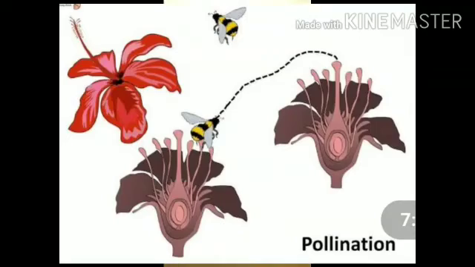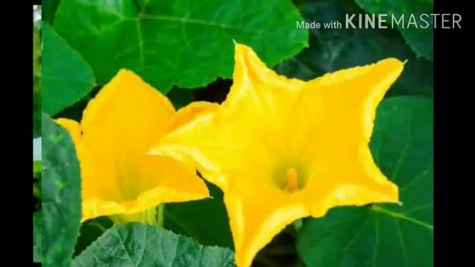To attract the pollinators, for example insects, plants are bright in color and produce smell in their flowers. Plants which are pollinated by the honeybees and butterflies have sweet scents and bigger colorful petals like sunflower, pumpkin.